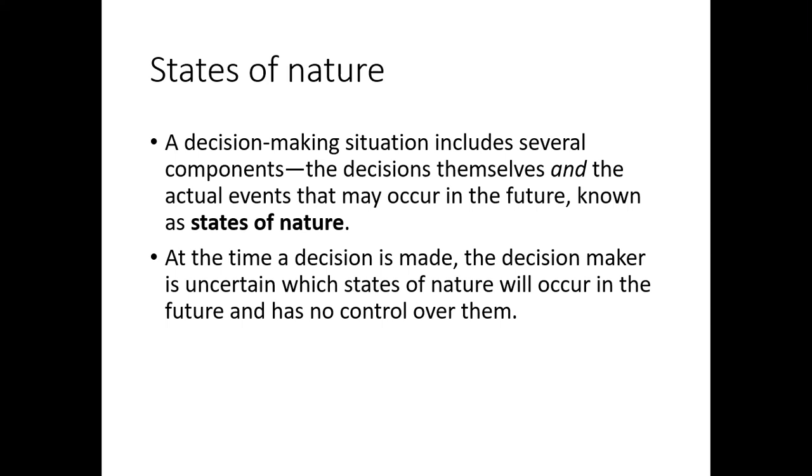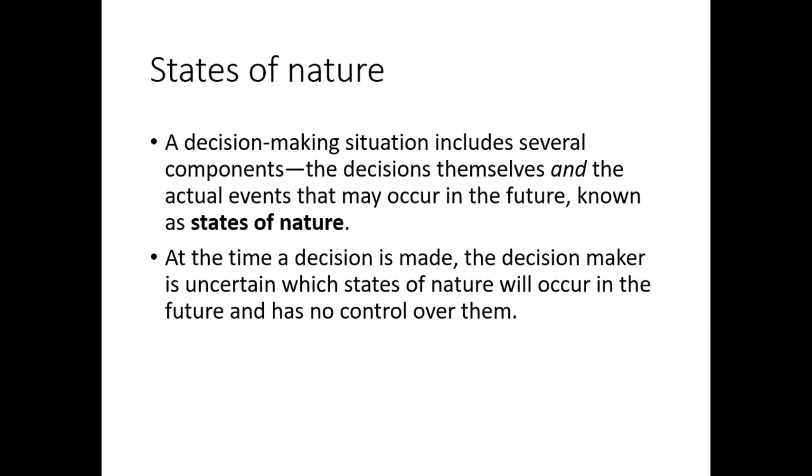States of nature are the events that may occur, that may perhaps, not sure, there is a possibility that it may rain tomorrow, and it is possible that it may remain sunny tomorrow. We do not have any idea. Those events are called states of nature.